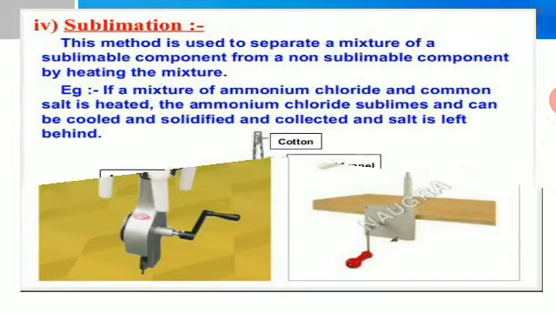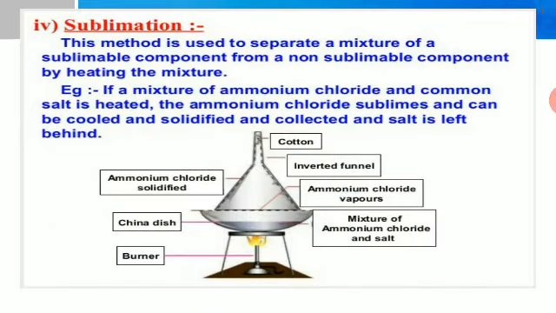Next one is sublimation. This method is used to separate a mixture of a sublimable component from a non-sublimable component by heating the mixture. Sublimable components are those components which directly change into gases, or the gases directly change into solid.